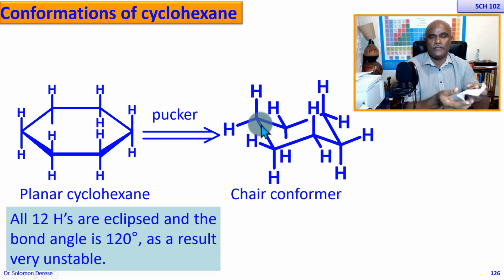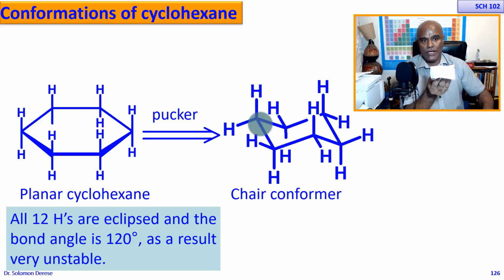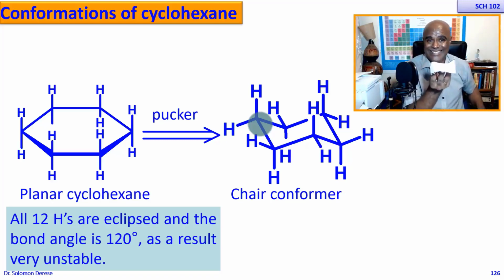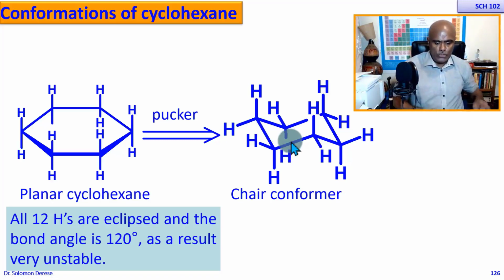Even if you look at this simple model, you will see someone can sit here and rest his or her back here, and then the legs will come like this. So this is like a chair, and I will demonstrate to you this is indeed a chair conformer. So let me show you using this model.